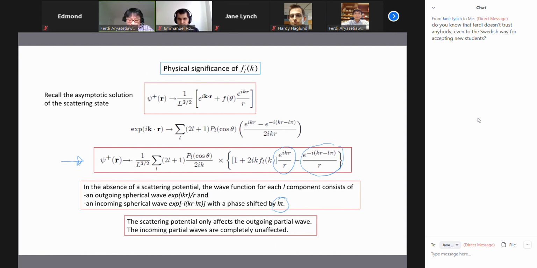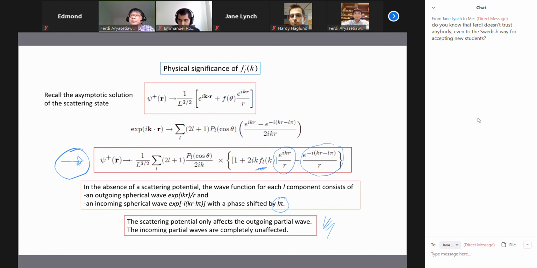So if we look at this expression here, we say that only the outgoing spherical wave is affected by the potential. This part I think is important, that it only affects the outgoing spherical wave.